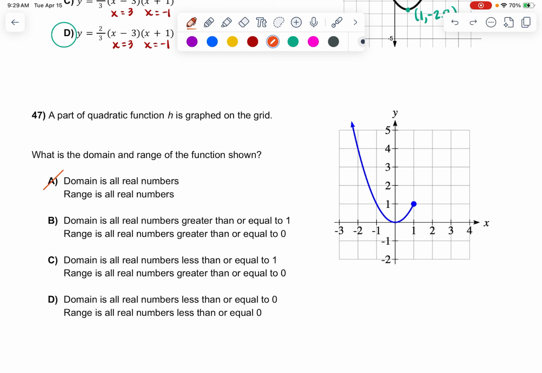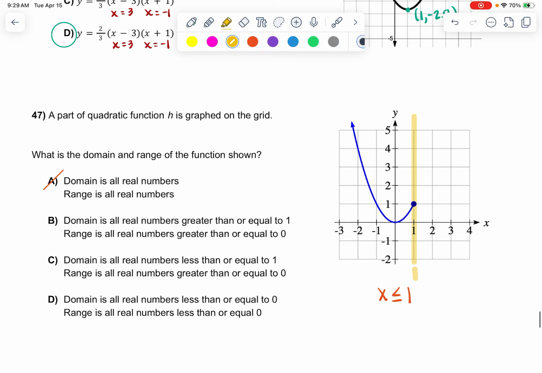So that's off the table. All right, so we need to talk about our walls for our domain and range. He's trying to go forever left, which he is, but he can't go forever right. So he hits a wall at an x value of 1. The entire graph is to the left of that, which means x is everything less than or equal to 1.